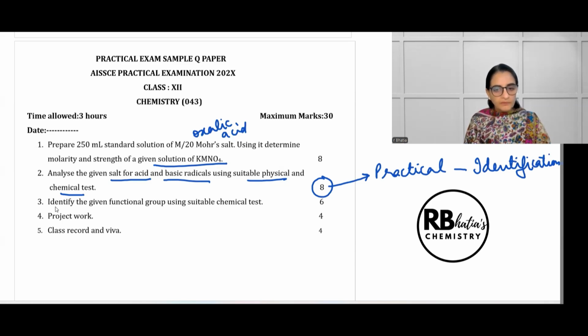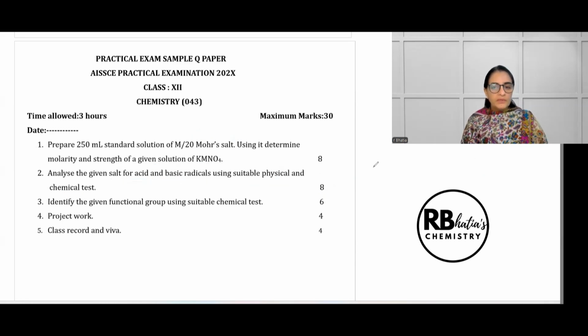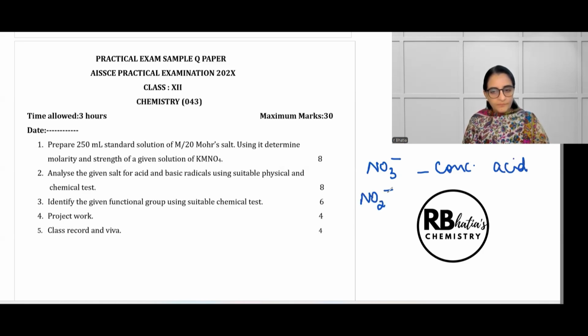So the marks are divided into, let us suppose you have nitrate ion as your acid radical, and this is a concentrated acid radical, but you identify, let us say, nitrite, or you identify it to be carbonate, which is a dilute acid group radical.